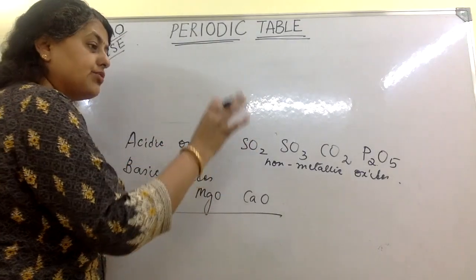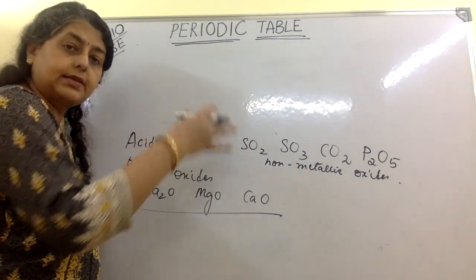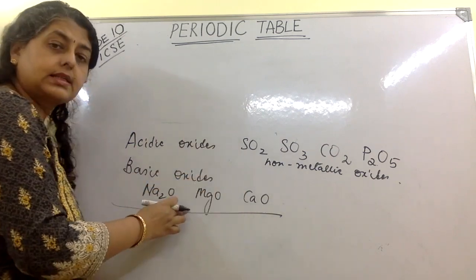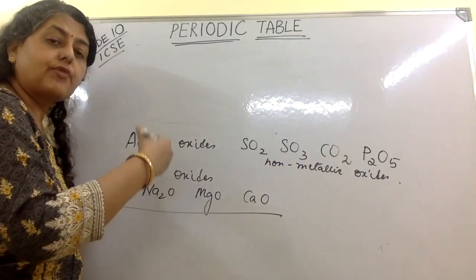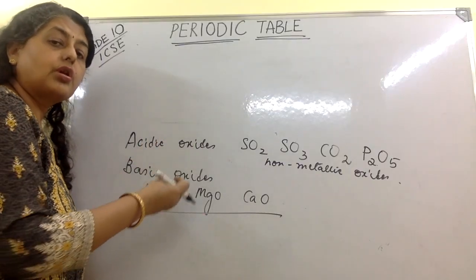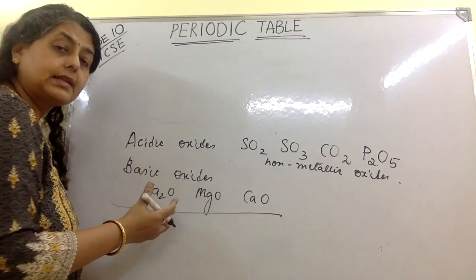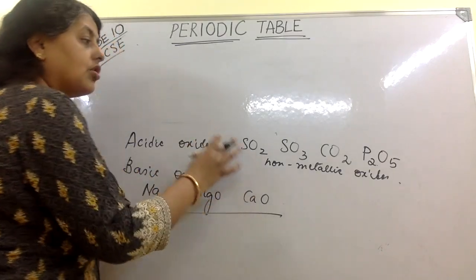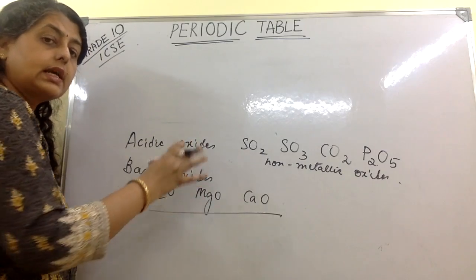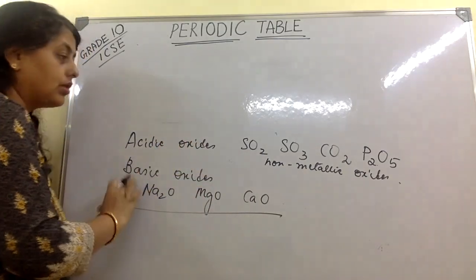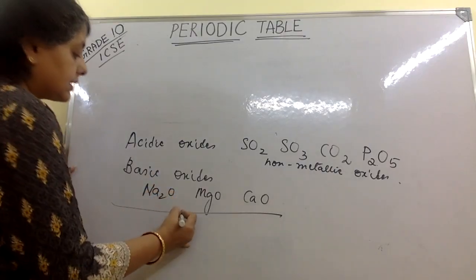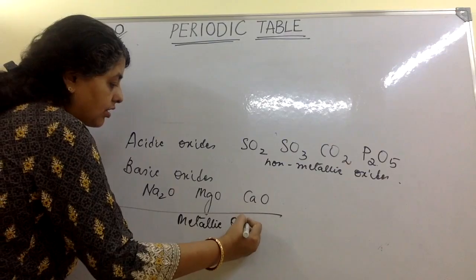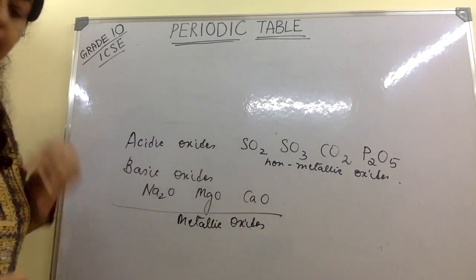Actually, these are the gases in the atmosphere that form acid rain. The basic oxides form bases, or when you mix them with water, they form alkali. So the non-metallic oxides are called acidic oxides, and these are called basic oxides. Basic oxides are metallic oxides, oxides of metals, and these are oxides of non-metals.